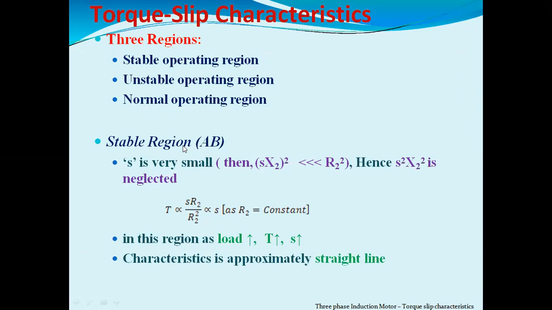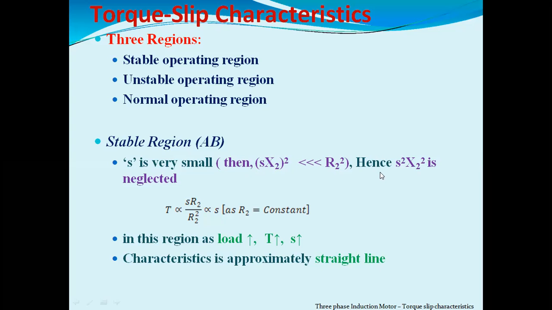So firstly, we will see the region AB, which is nothing but from O to A, where the value of S is close to 0. S is very small, so we can neglect the value of (S x2) square, because S is very small, or very less.